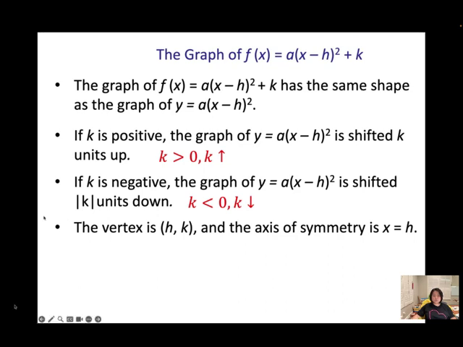And then the vertex becomes h and k. Okay, watch out for the sign here. The standard form of this equation will be a times (x minus h) squared plus k. Then this is h, this is k. That will be your vertex. And the axis of symmetry will become x equal to h.